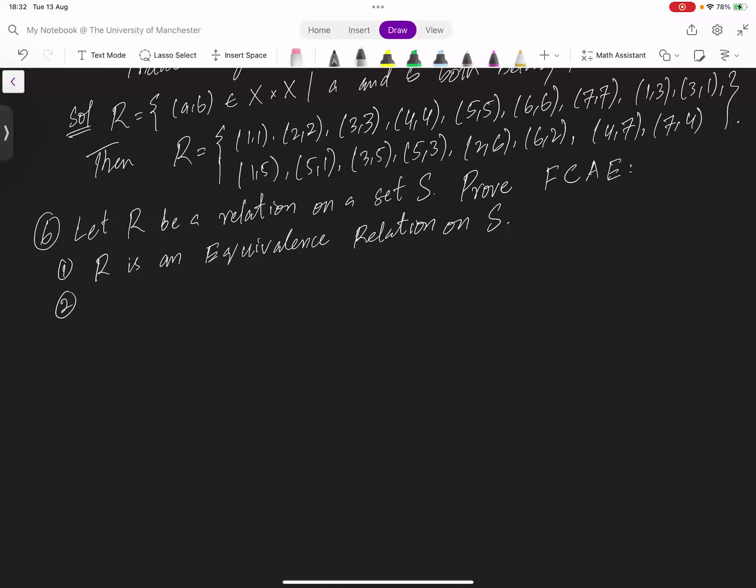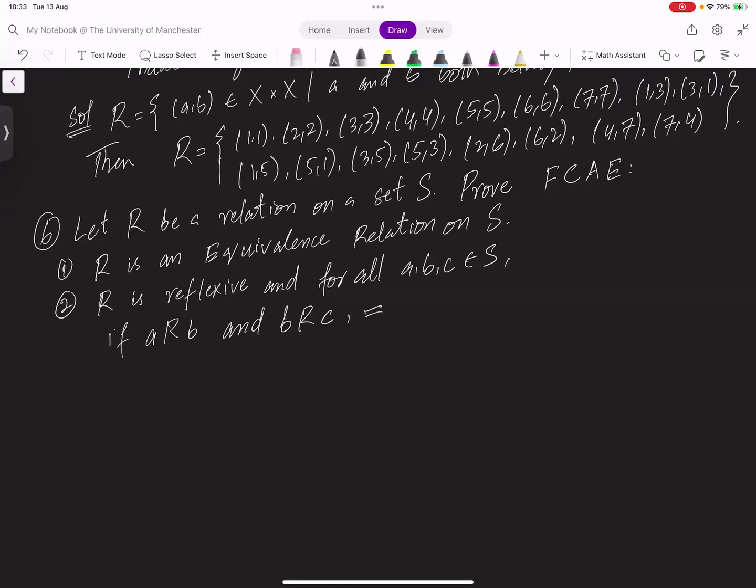R is reflexive, and for all a, b, c inside the set S, if a is R related to b and b is R related to c, then a is R related to c.